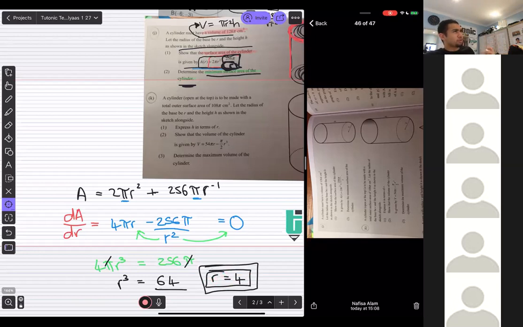But if they ask you what is the minimum area, then you have to sub this into the area equation. So you'd get 96 pi. Does it make sense, guys?